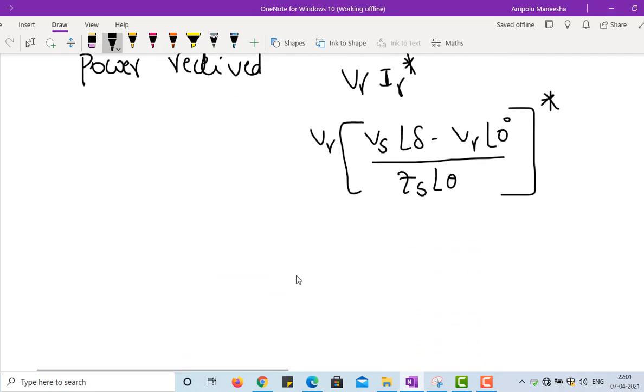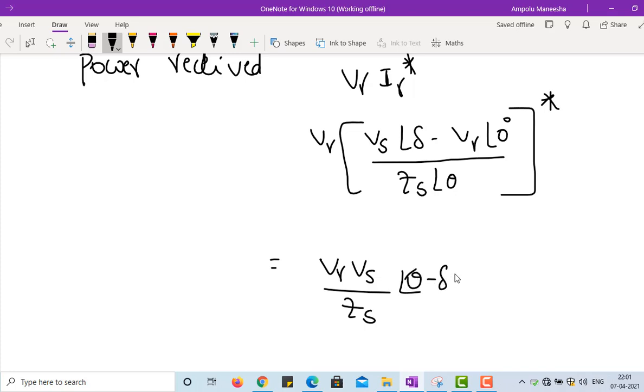So, we can write like this: VR Vs by Zs at an angle of theta minus delta minus VR square by Zs at an angle theta.